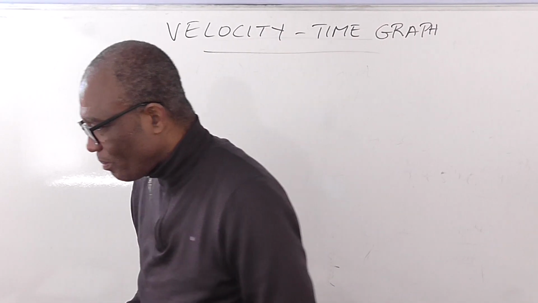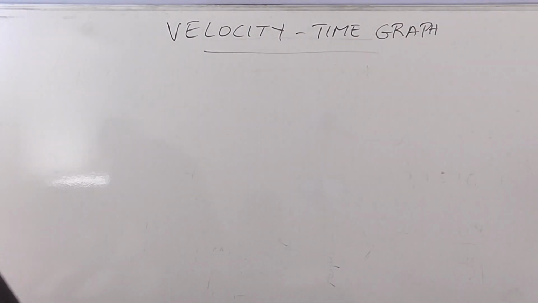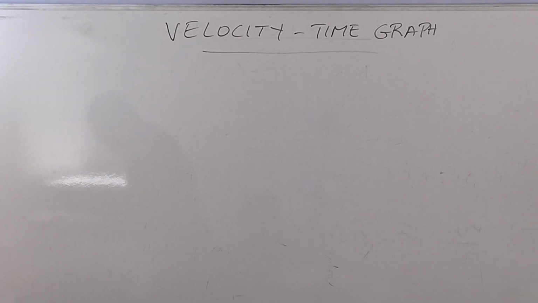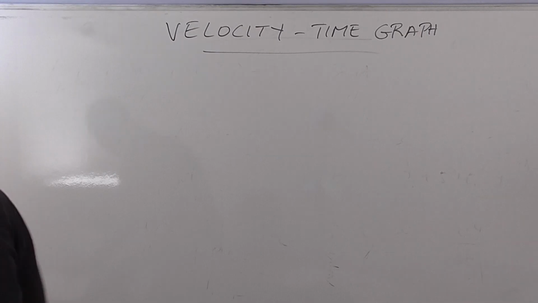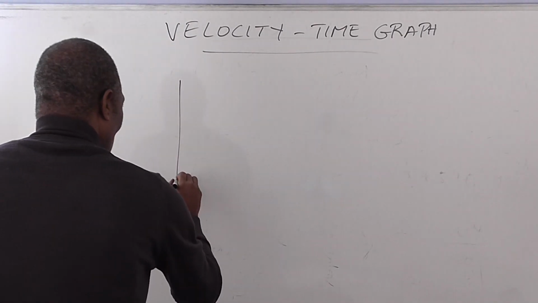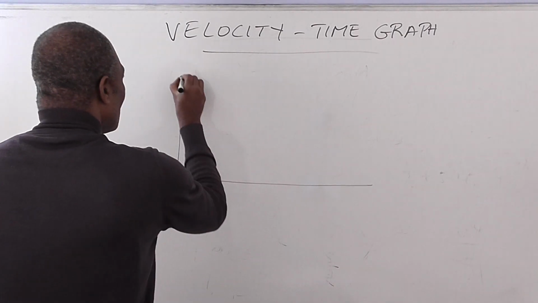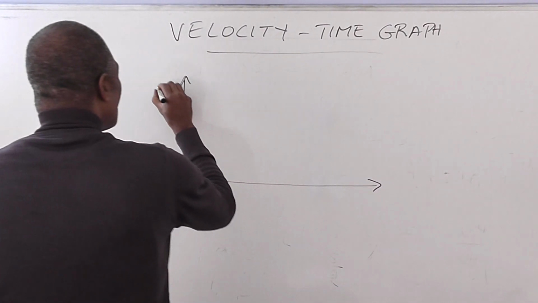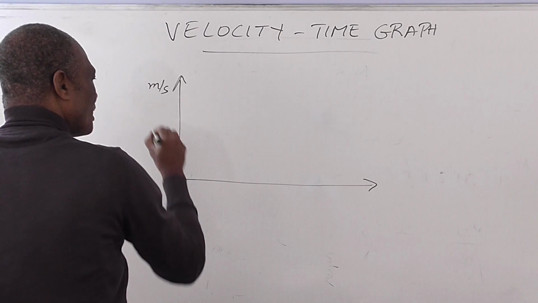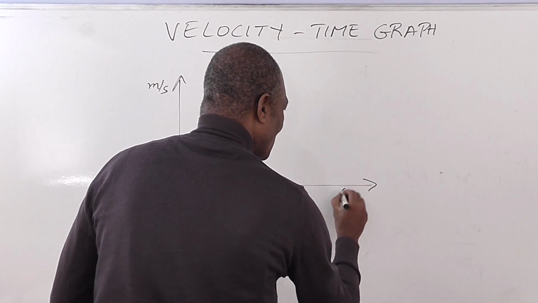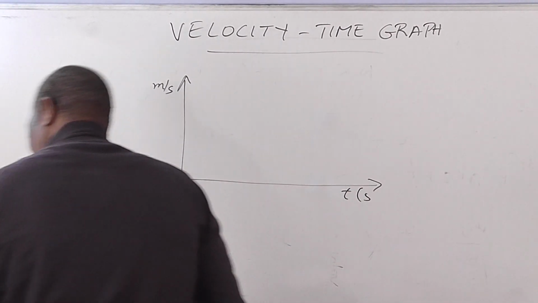Okay, for example, I'm going to give you a question. We have the graph. Here we put velocity in meters per second, and here we put time in seconds.